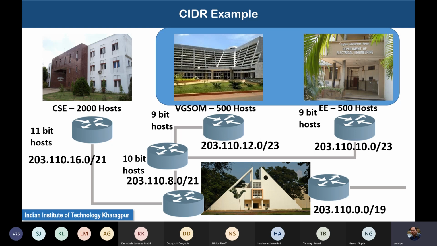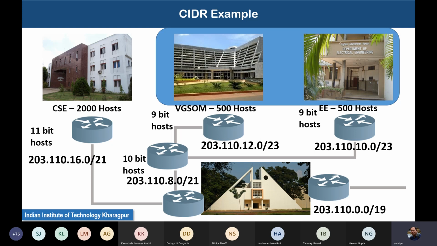Similarly, for the EE department, the same thing will be done. Then for these two routers, here I need a requirement for hardware. I need a third router which will interconnect these two routers together. And to this router, I will provide an IP address from this block of IP addresses, 203.110.8.0/21.